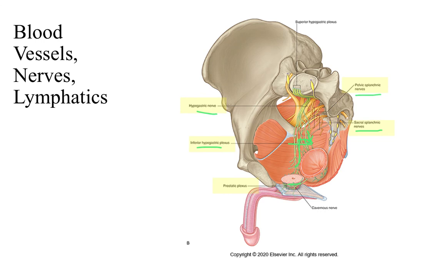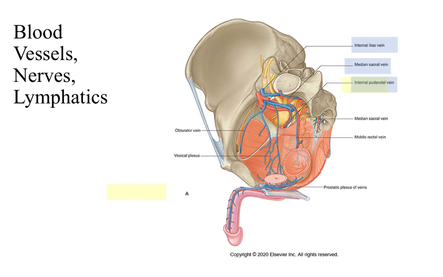That also has branches that innervate the penis as far as stimulating erection is concerned. For venous drainage of the penis as well as the prostate, you have this deep dorsal vein that goes along the penis, ends up on the dorsal side of the penis between the corpora cavernosa, and joins this prostatic plexus of veins, which is just a collection that's draining a lot of different areas within the pelvic cavity.